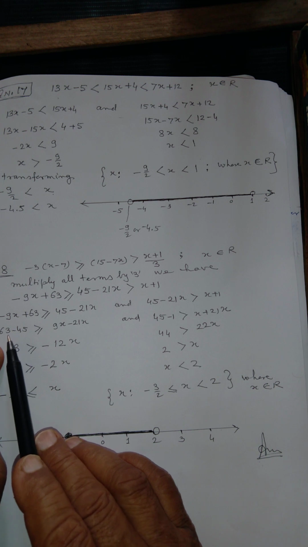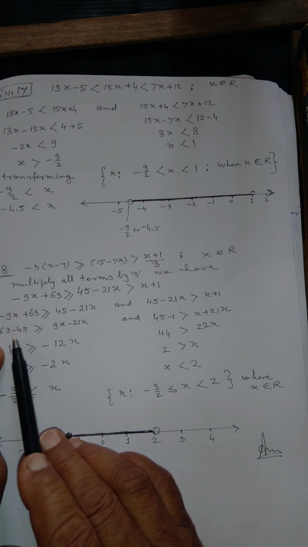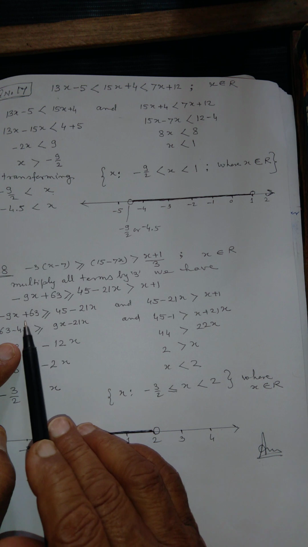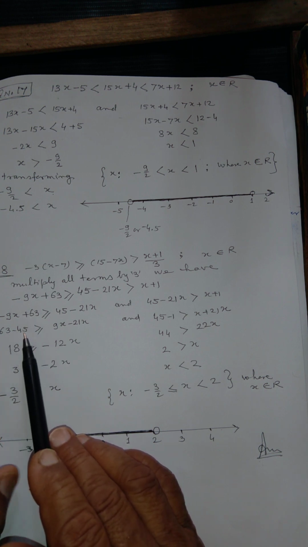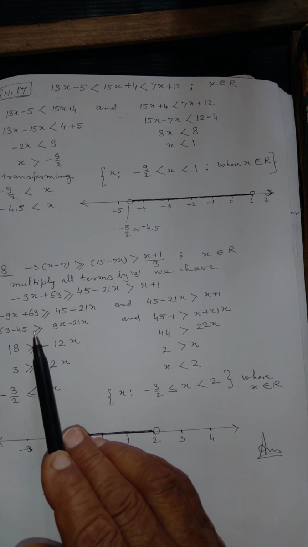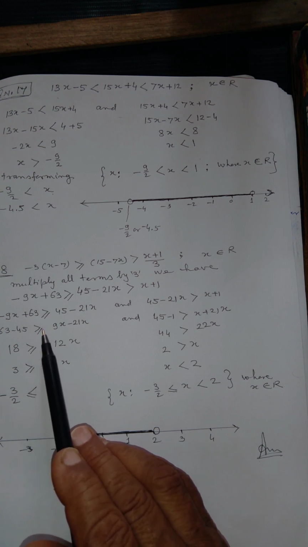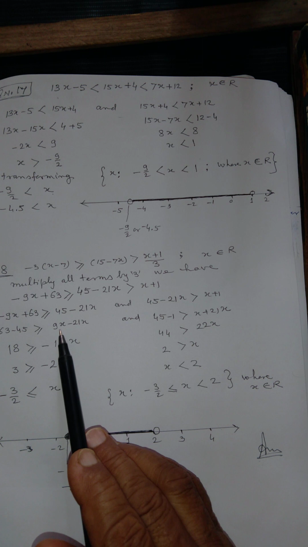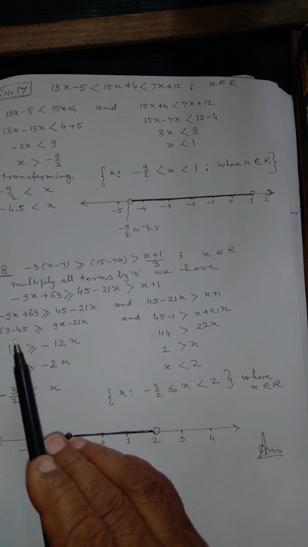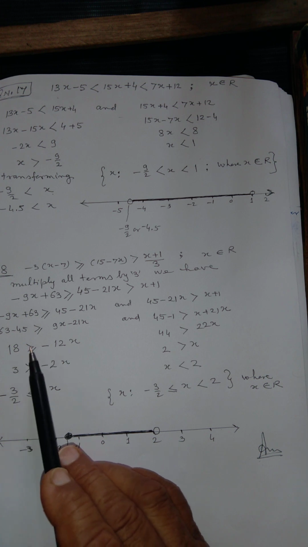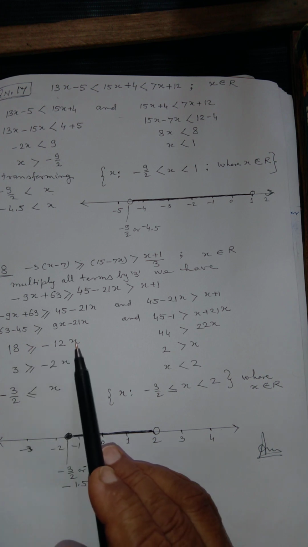In the first part, we will proceed to solve: 63 minus 45, this 45 has been transposed to the left hand side, so 63 minus 45 will be greater than or equal to 9x minus 21x. You solve it, you will get 18 greater than or equal to minus 12x.